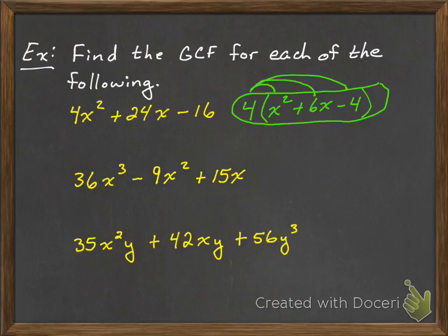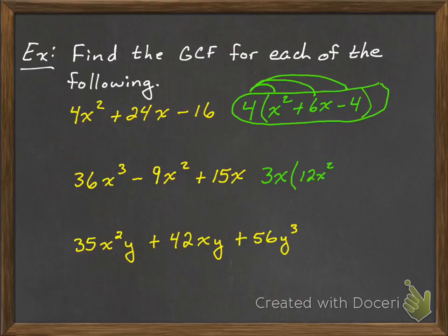All right, so the next problem, the greatest common factor here. All terms have a 3 in common, and they also have at least 1x. And so if you factor a 3x out of this first term, you are going to be left with 12x squared.